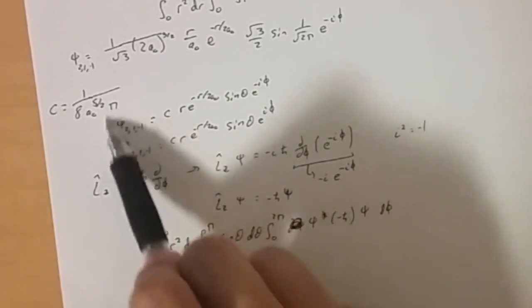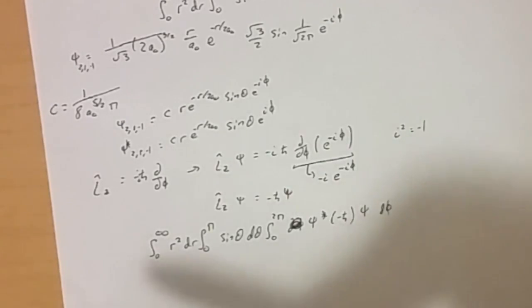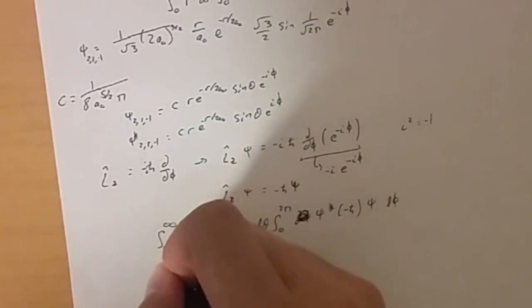So we've written our wave function and the complex conjugate of our wave function. Let's go ahead and add those in right now.